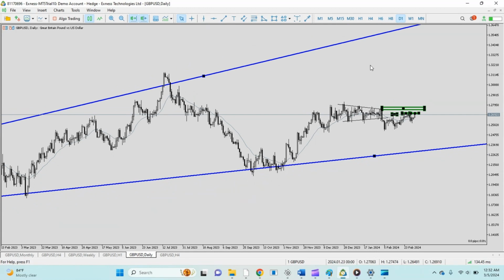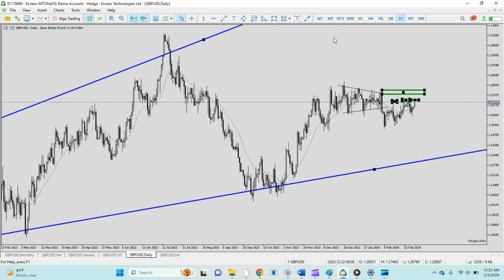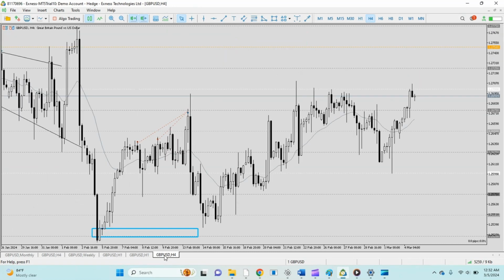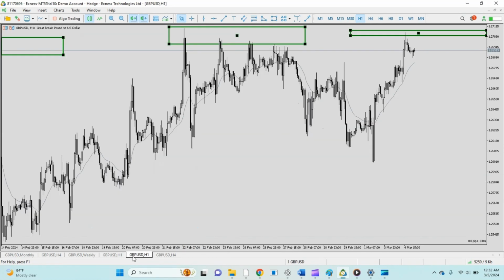So we'll be looking for the best possible entry area for us to maximize our risk reward ratio. So let's wait, maybe by London session or New York session, we see what is happening, if it presents an opportunity for us to enter the market.